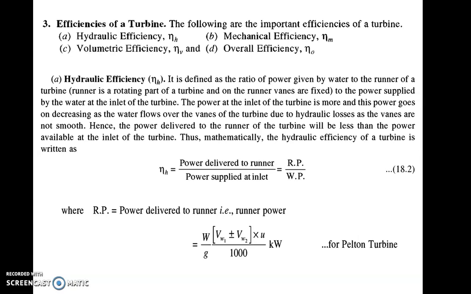partially into pressure. That's why the formula for hydraulic efficiency in the case of impulse turbine was 2 times (VW1 plus minus VW2) into U divided by V1 square. There, kinetic energy was represented by V1 square. Here we are not allowed to use that V1 square, because there is no conversion of total pressure energy into kinetic energy. It is partially converted to kinetic energy and partially to pressure energy.